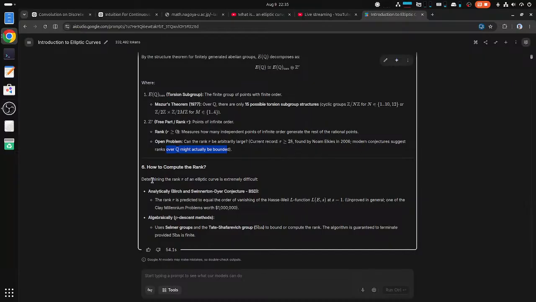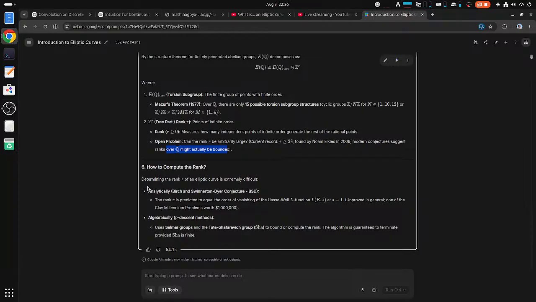Analytically, the rank R is predicted to equal the order of vanishing of the Hasse-Weil L-function. It is unproved in general, and it is one of the Clay Millennium Problems worth $1,000,000.